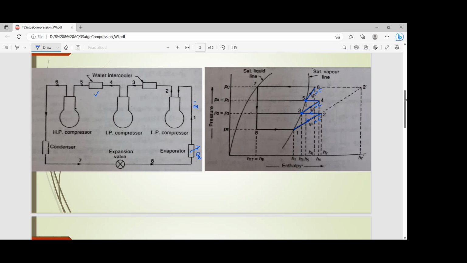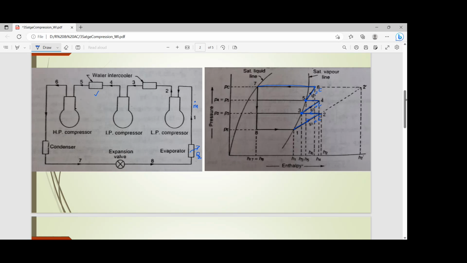And so in the condenser you have 6 to 7, and so point number 7, it lies on the, so this is supposed to be a straight line, so let me draw it from here.